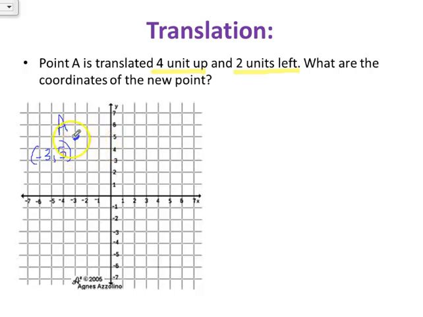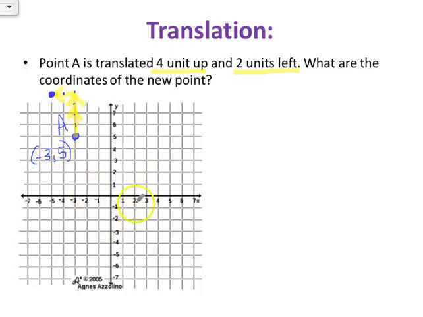We are going to take this point and go 1, 2, 3, 4 up, and then 2 units to the left, 1, 2. That will get us to our new point right there.